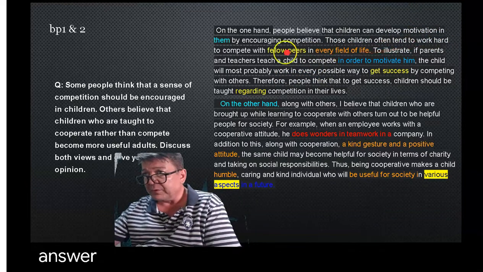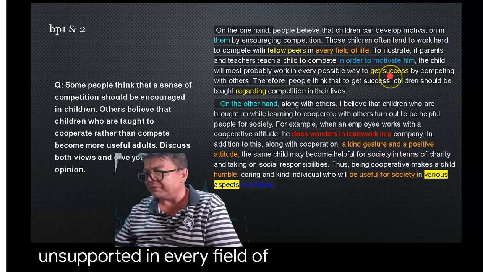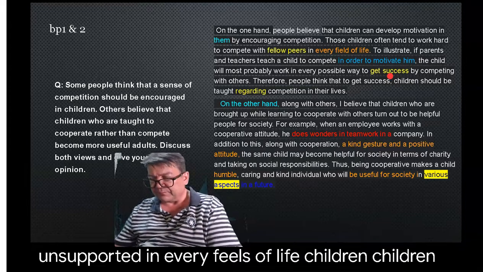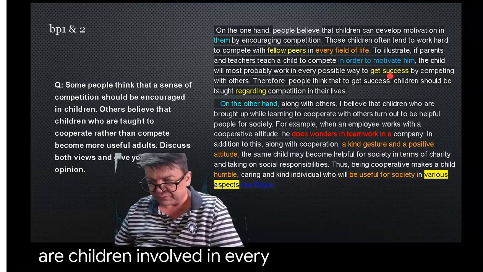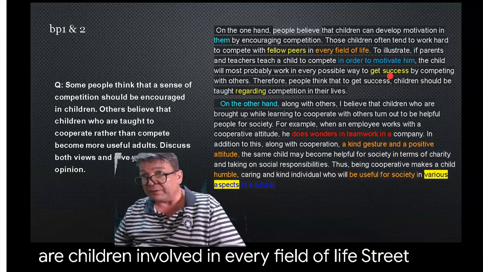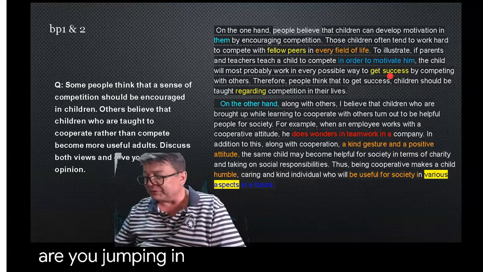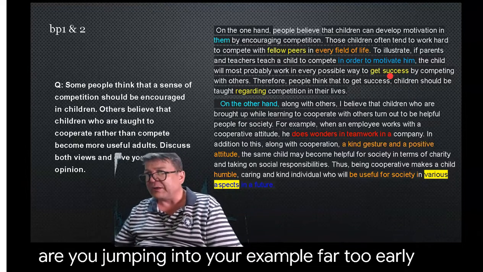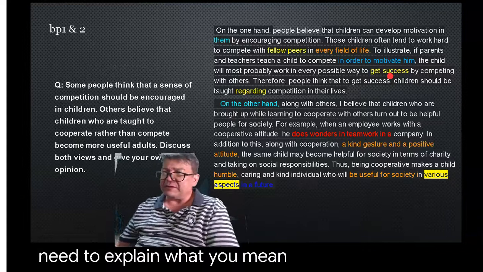Right, unsupported in every field of life. Children. Are children involved in every field of life? To illustrate what? Okay, you're jumping into your example far too early. You need to explain what you mean. They tend to work hard.